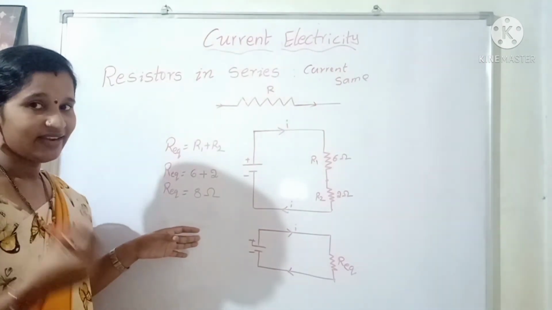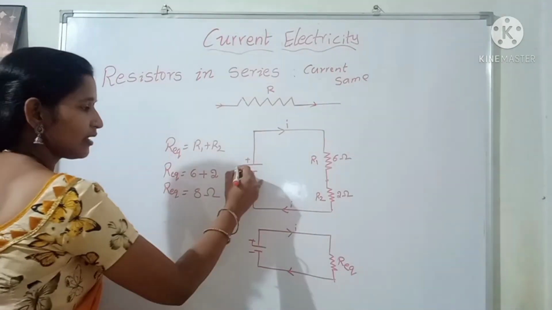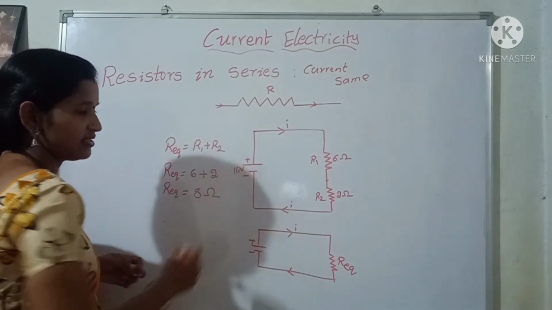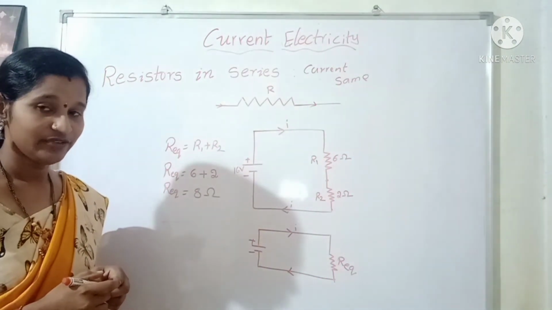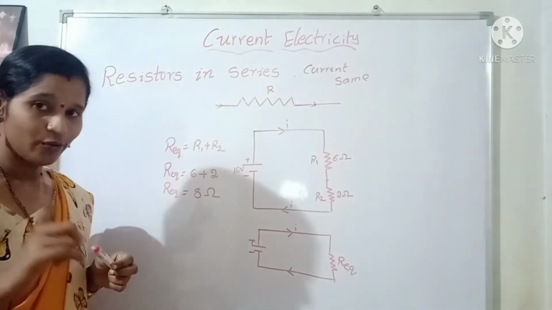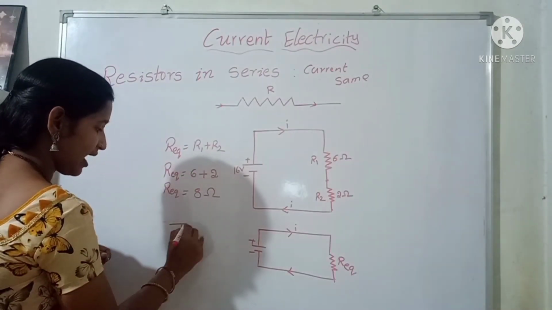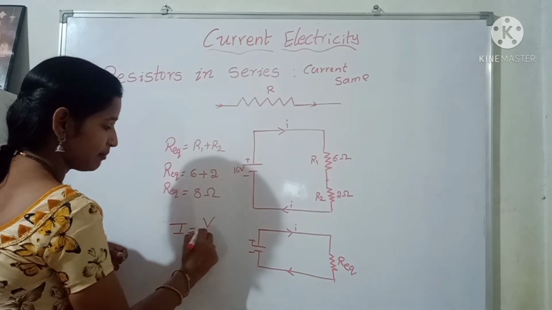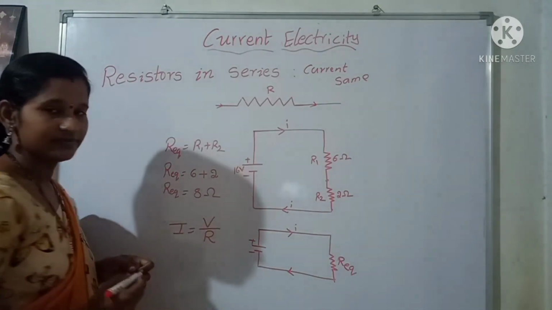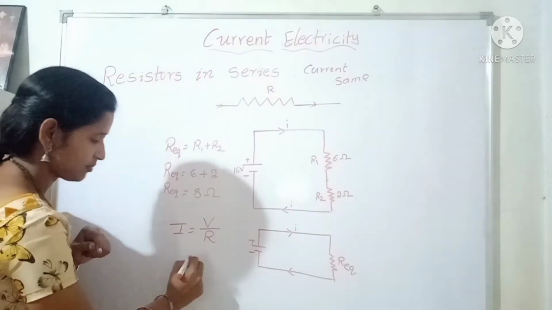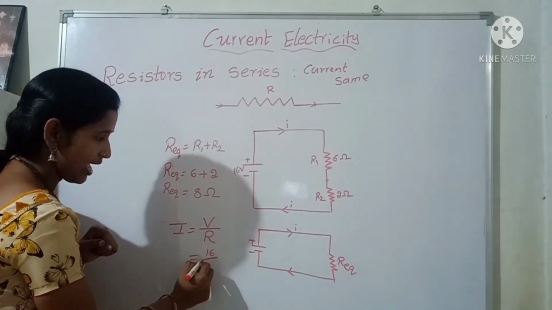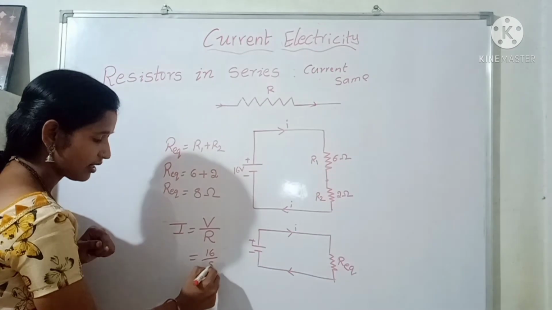But here I will ask one question. Suppose the EMF is given as 16 volts. I want to find the current. Which formula do we use? Ohm's law, I equals V by R. V is 16, so substitute 16, and the resistance we got is 8.